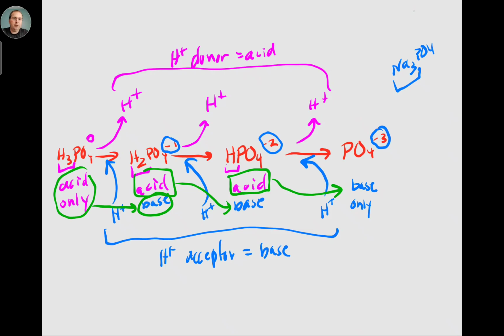The reverse is also true. If you're a base only, you can accept a hydrogen and be a conjugate acid. If you're a base, you can become a conjugate acid by accepting H+. So both of those ideas are true.